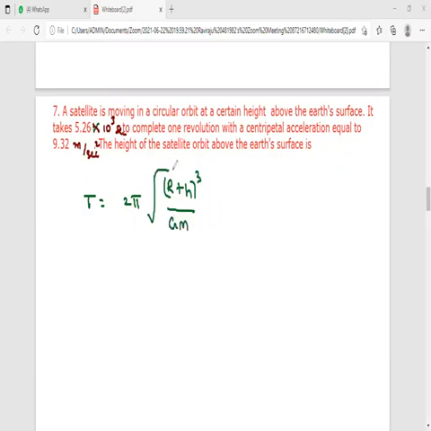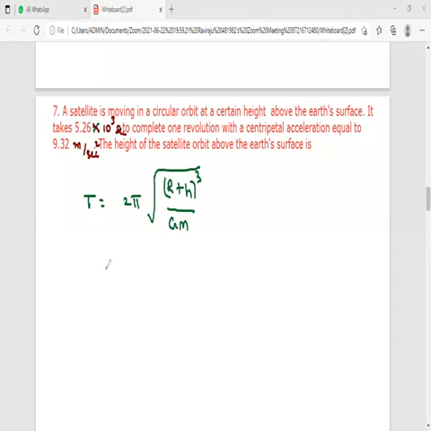From this equation we concluded that t square is proportional to r cube. In this case, you have to calculate the height only. What is GM by (R plus h) square? GM by R square value is nothing but the small g value.